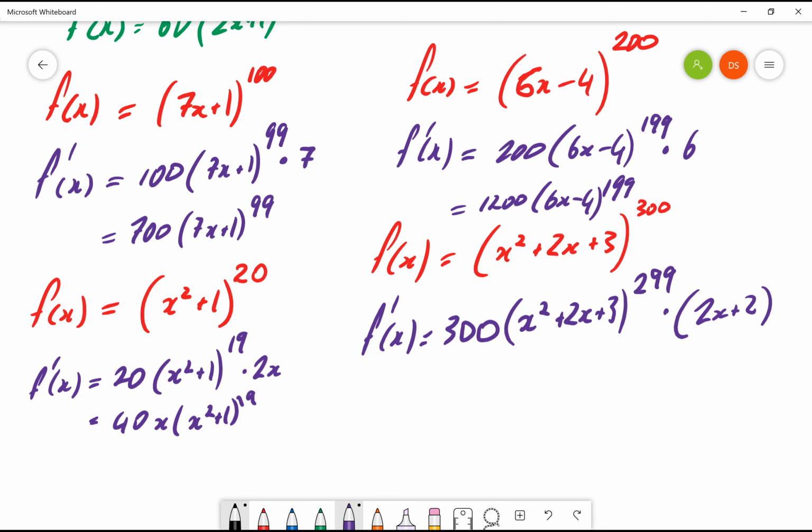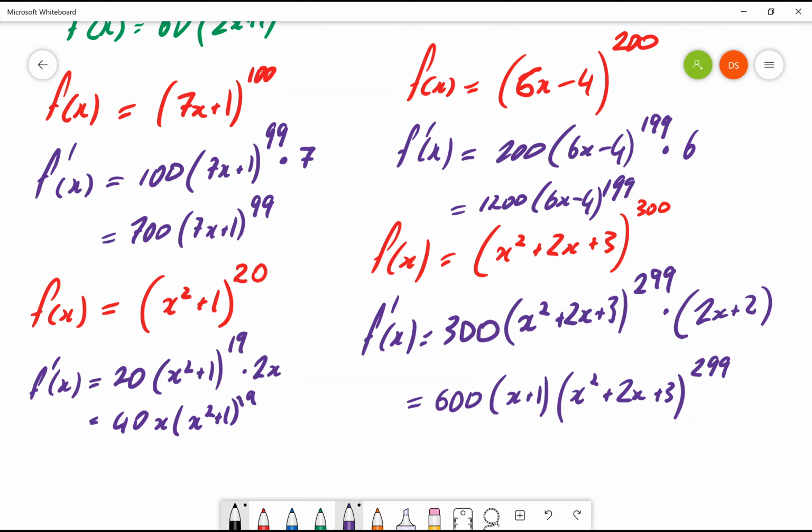I would probably leave it like that. I wouldn't expand it any further, because I think it's ugly to expand it any further. But you could do what Oliver's done and write this, but I don't think this is necessarily any prettier than before. And so, with very small algebraic steps, I've now been able to differentiate some hardcore looking things.